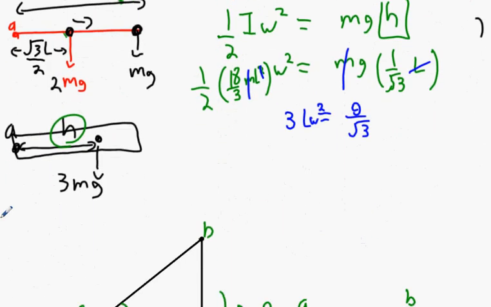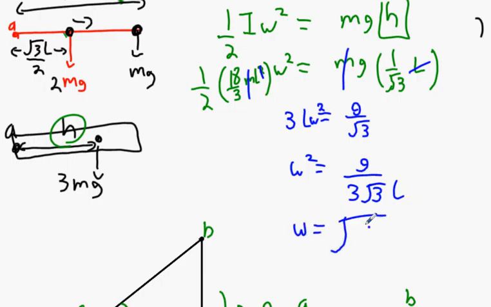Then in turn, omega squared will equal g over 3 root 3 L. Square root that: omega equals the square root of g over 3 root 3 L. Okay.